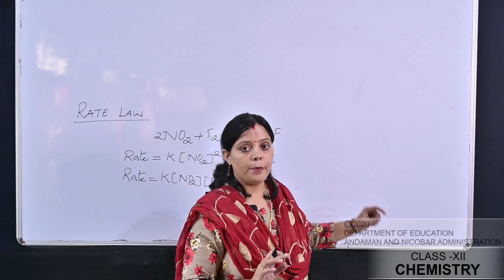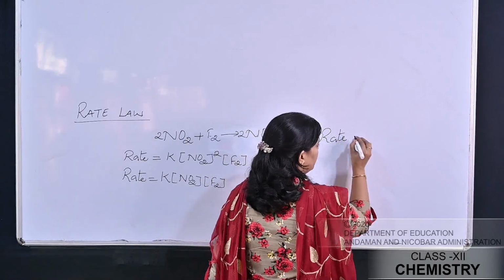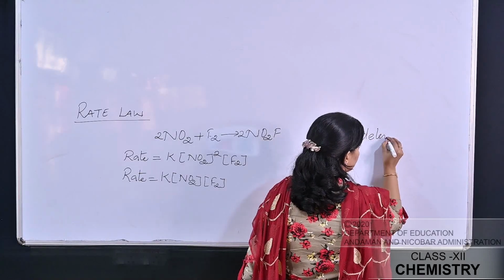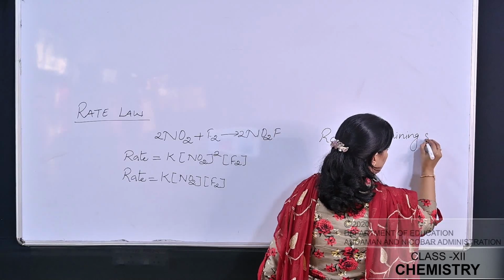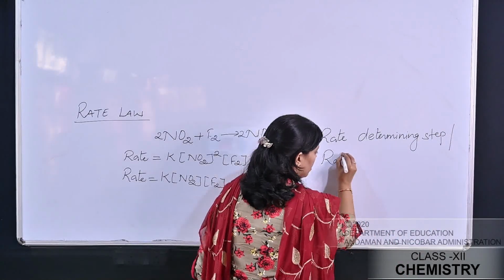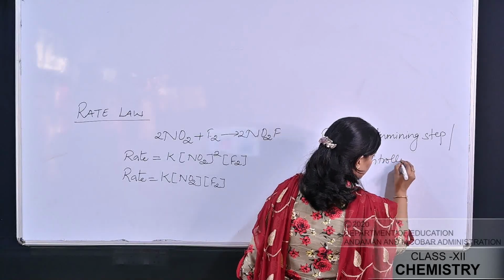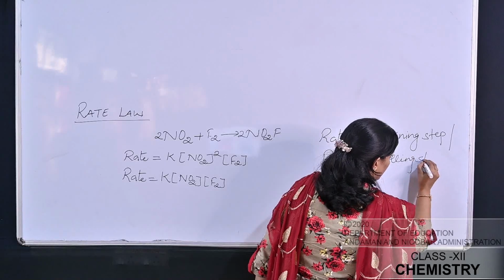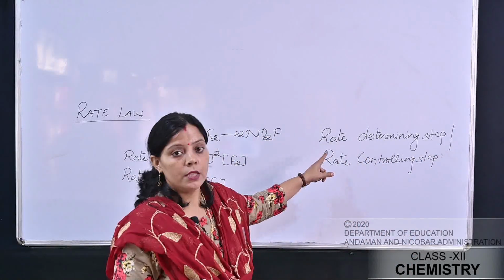In the case of complex reactions, which proceed in more than one step, the slowest step is named the rate determining step or the rate controlling step, because the reaction cannot proceed faster than the slowest step.